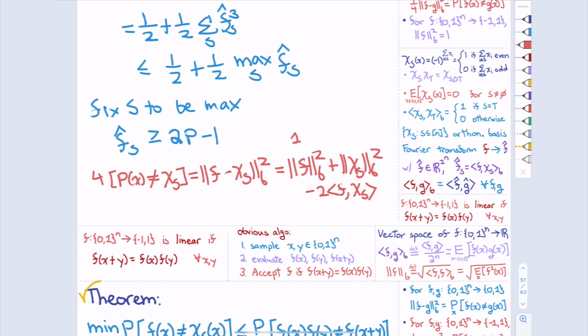So this is 1, this is 1, and that's 2p minus 1. So I guess you get like 4. Oh, sorry. You get 2 minus 2 f hat of S. And we plug that in, and I guess we get 4p.